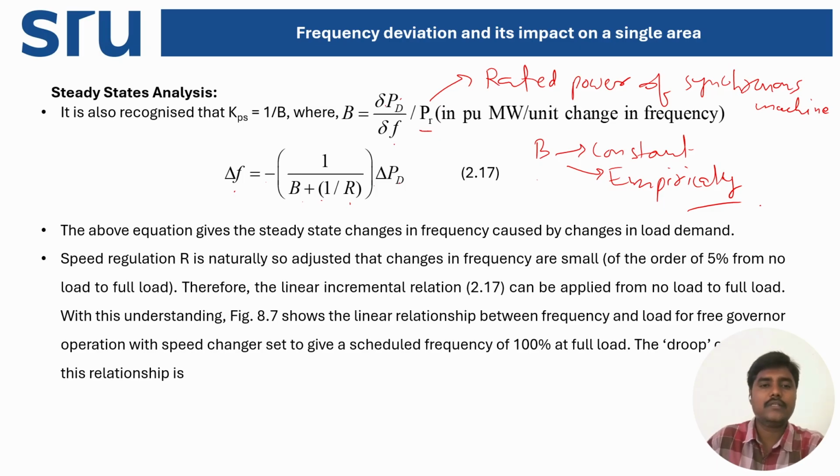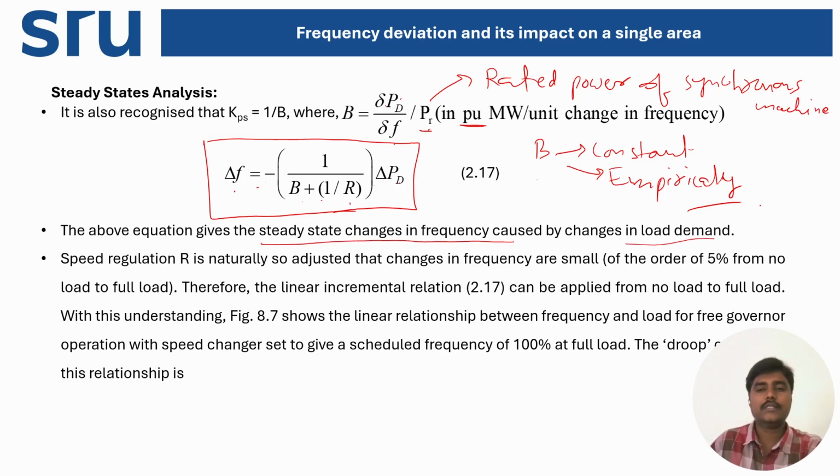So once we divide this with PR, the value will be converted into per unit. So this particular equation 2.17, delta F is equal to minus 1 by (B plus 1 by R) into delta PD will give you the steady state changes in frequency caused because of changes in the load. Because we have derived this formula by considering delta PD and by neglecting delta PC.